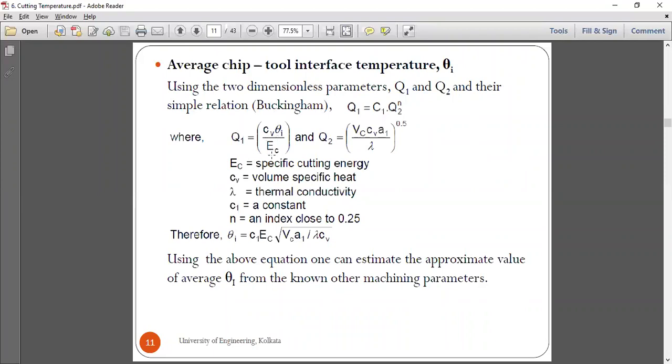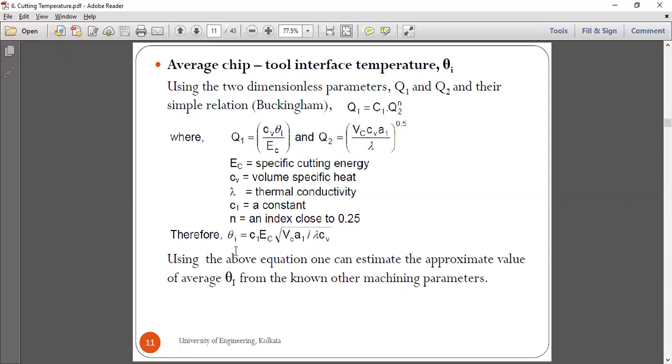EC is specific cutting energy, CV is specific heat at constant volume. Then Q2 is VC CV A1 by lambda, where lambda is the thermal conductivity of the material, to the power minus 0.5, that is under root of this. And here n is an index which is close to 1/4.